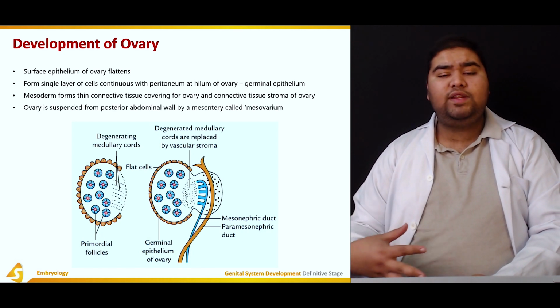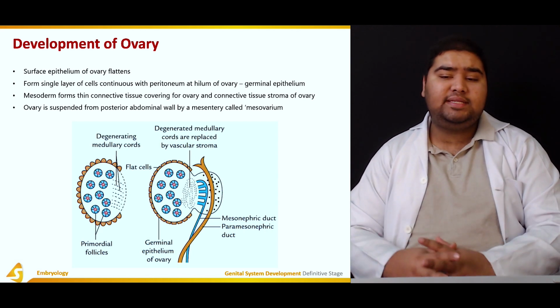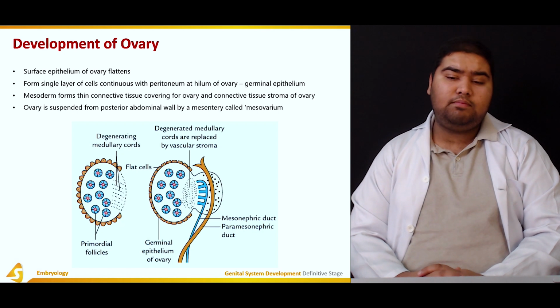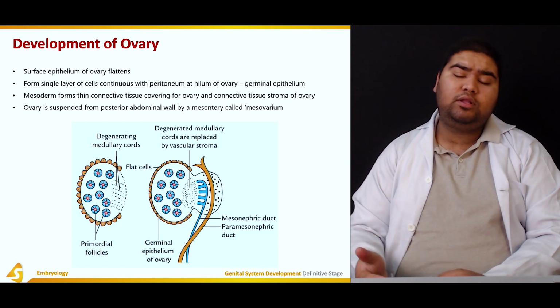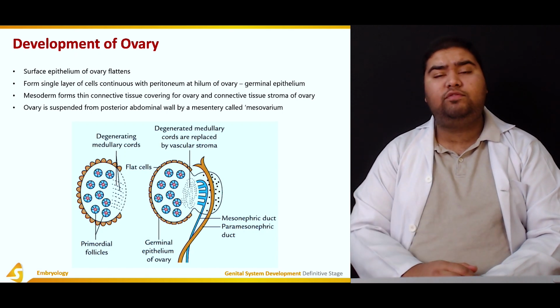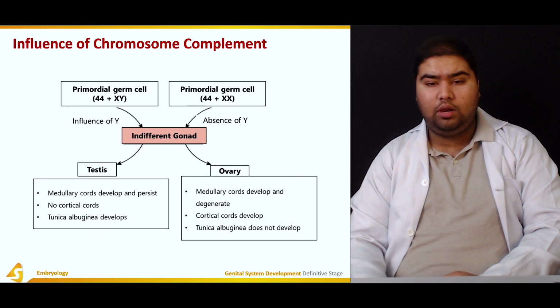Now the ovary is suspended from the posterior abdominal wall by a mesentery, which is called the mesoovarium. So the mesoovarium is responsible for the suspension of the ovary from the posterior abdominal wall.